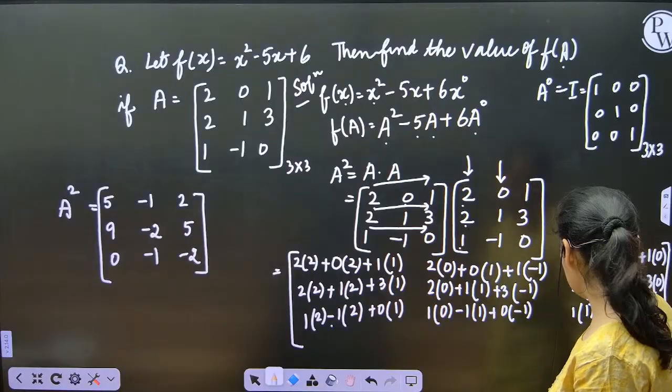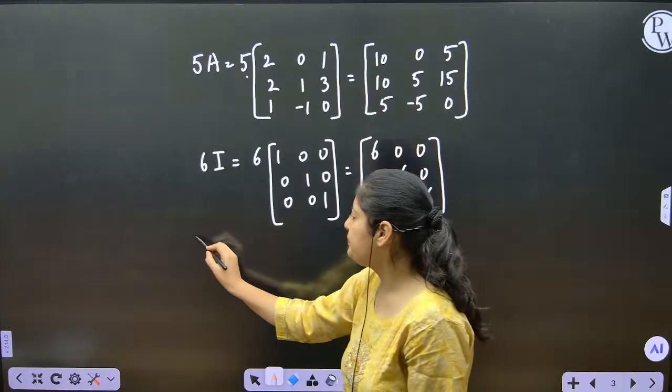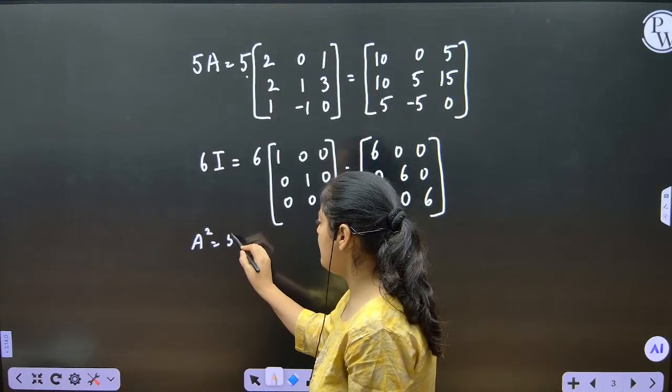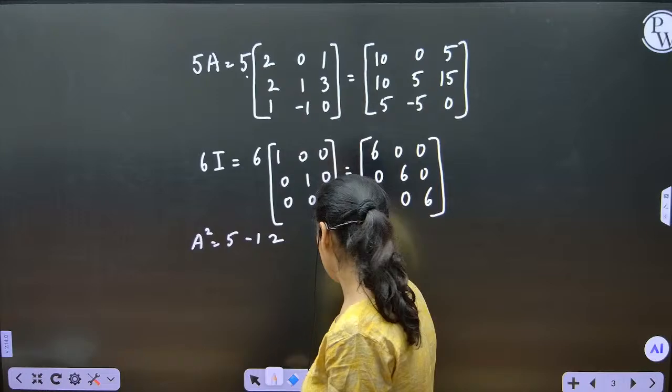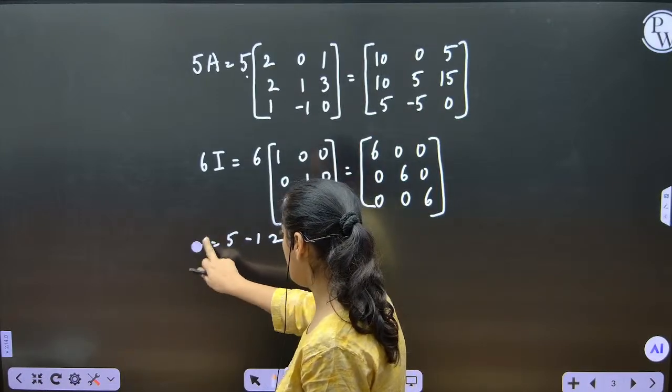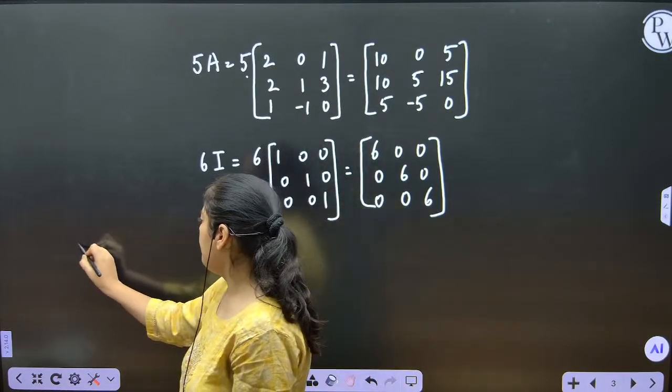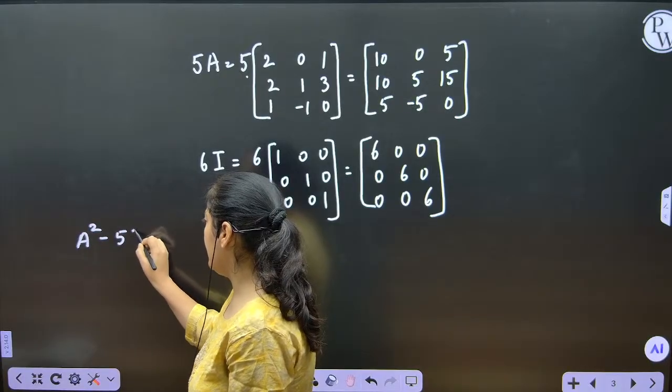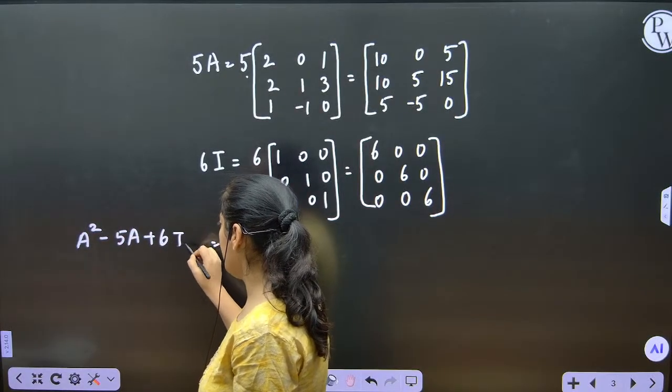So A square is 5 minus 1 2, I'll not write this A square here: A square minus 5A plus 6 into identity.